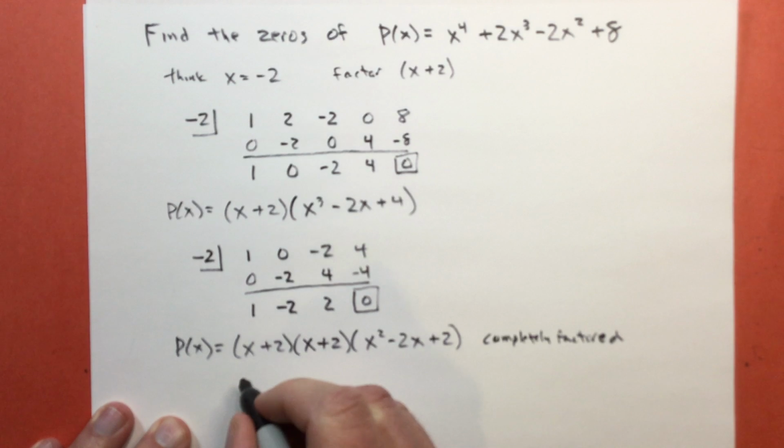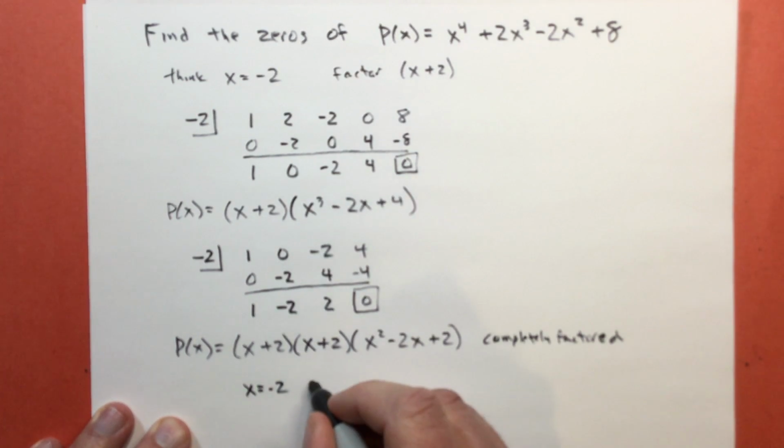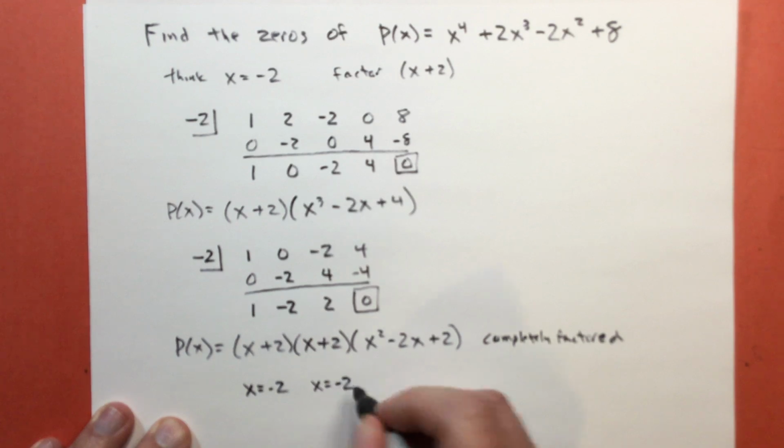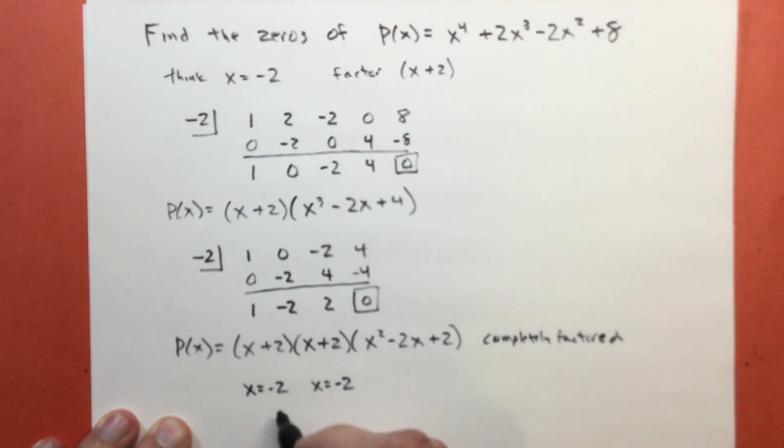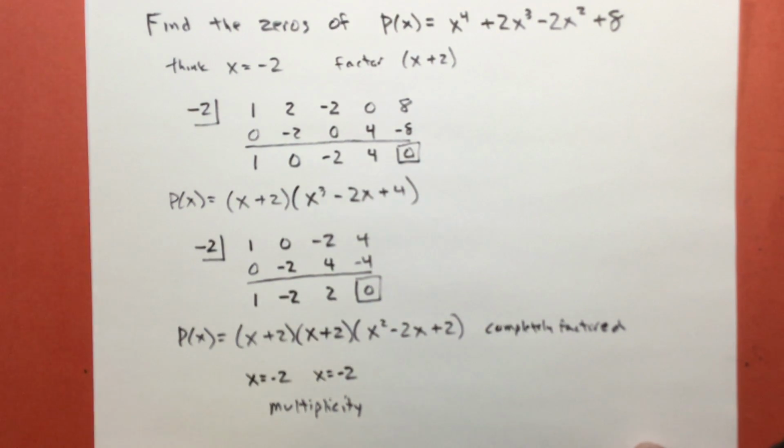One of my zeros is negative 2. I also have another 0 at negative 2. These are the same, like I said a moment ago. This is called a multiplicity. It just means you got the same thing twice, or more than twice. In this case, twice, but sometimes you can get the same thing over and over again.